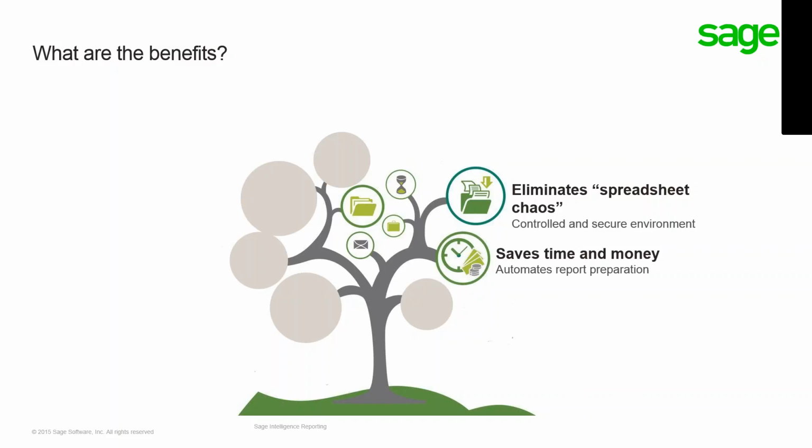You don't have the right information. You can make mistakes. This is just going to help you automate the report preparation, take less time getting the data out of the system into a spreadsheet and formatting it, essentially with that direct connection to the database. Flexible reporting, customize and manipulate the reports.